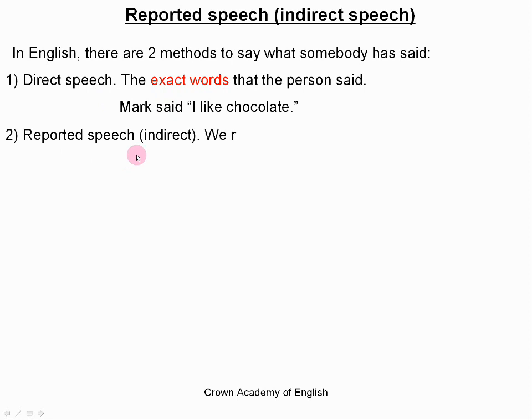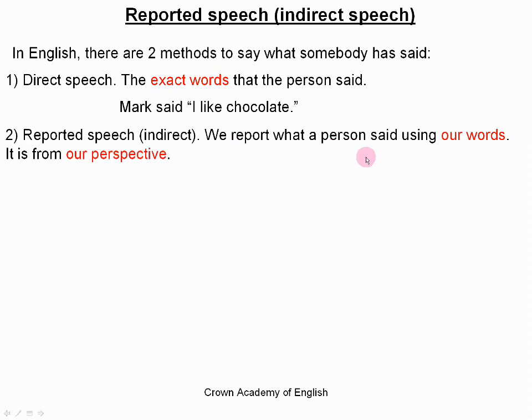Reported speech, or indirect speech, is when we report what a person said, but using our own words. Okay? So it is from our perspective. Example. So this sentence in the reported speech version with the same meaning is, Mark said that he liked chocolate.